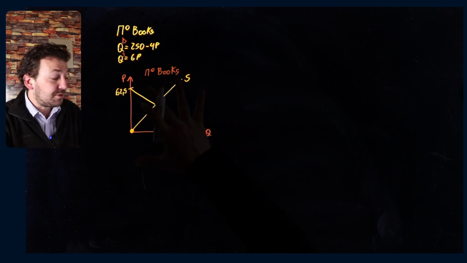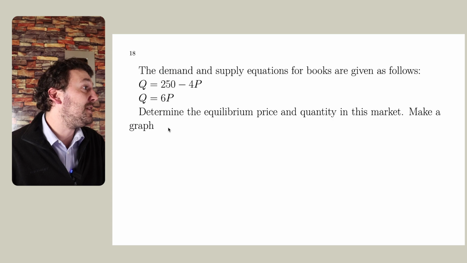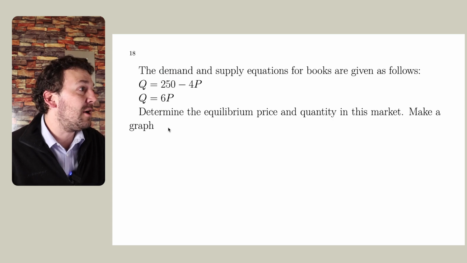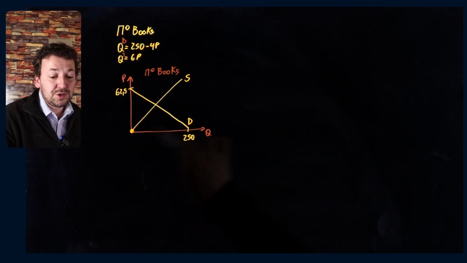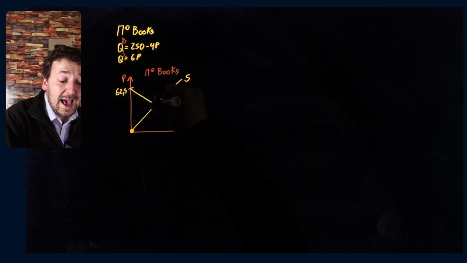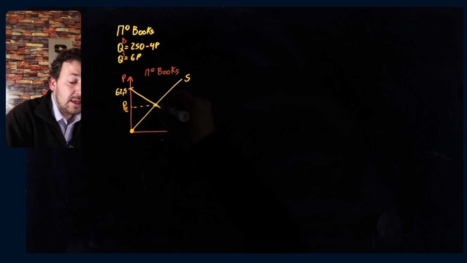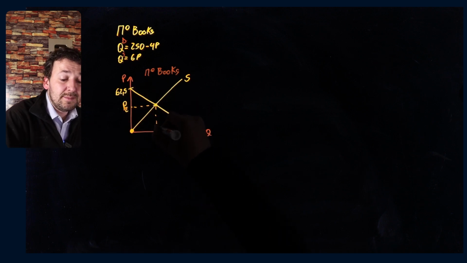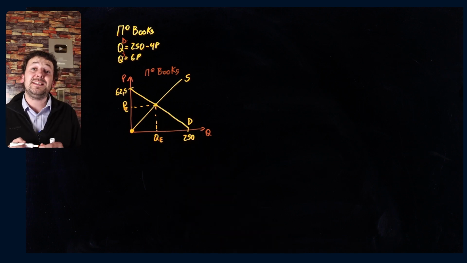But this is just a graph. Let's go back to the question that says determine the equilibrium price and quantity in this market and make a graph. The graph is almost ready. We just need to find a price that will make this price of equilibrium here, that will make the quantity demanded exactly the same as the quantity supplied.